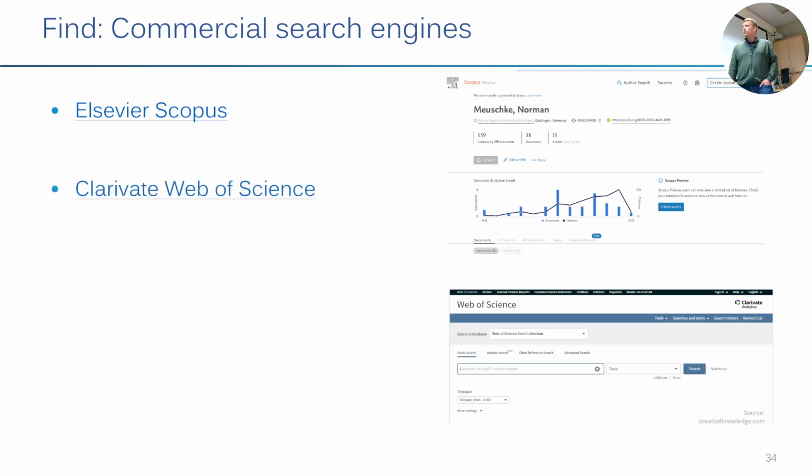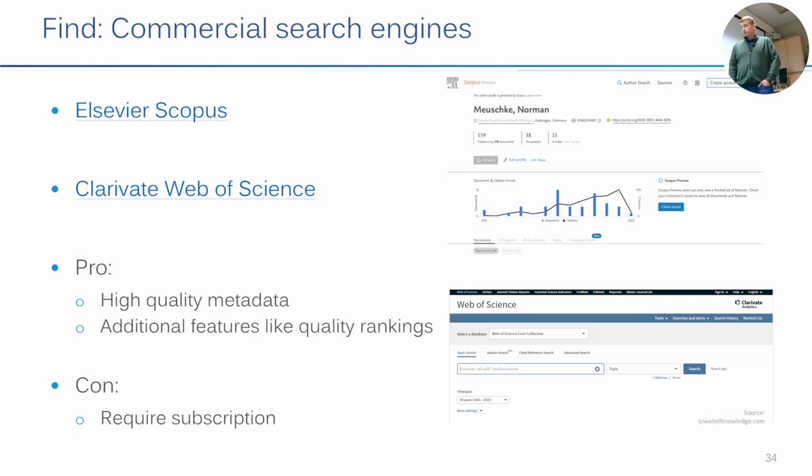Same for Web of Science, also a commercial service. I think they are not a publisher, they are more an aggregator, let's say, but also they involve more effort into data cleaning, so their data is better. They also include some additional features like quality rankings of venues and so on, so you get a better idea of what is actually a paper you should check out because it might be published at a very good venue.